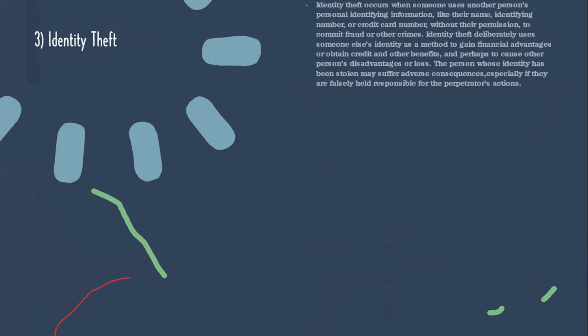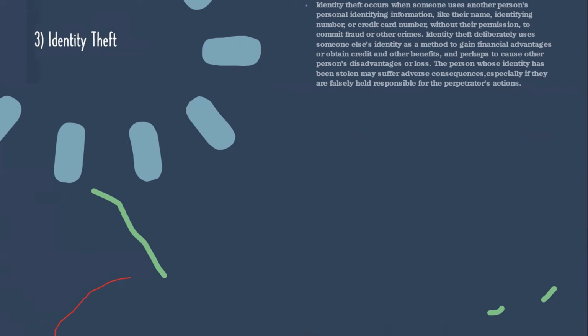We have the third type, which is identity theft. Identity theft occurs when someone uses another person's personal identity information, like their name, identifying number, or credit card number without their permission to commit fraud or other crimes.